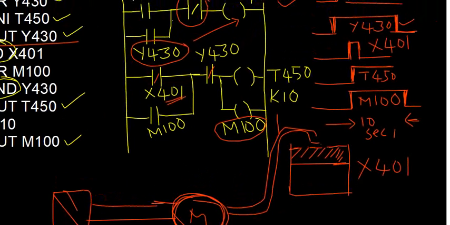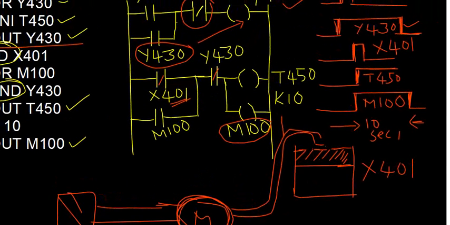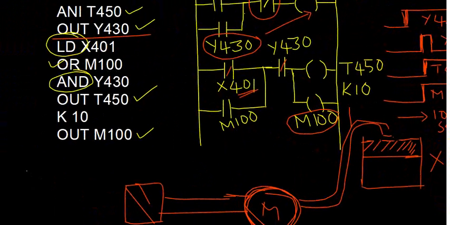But whenever you want to have multiple controls, right, by means of a relay like operation, then your internal relays play a very important role. So here in this particular example, anyway it is present, but that is to maintain the working or the conduction of your timer T450, right? And even when the push button switch X401 is removed, that is the reason why your M100 is present there.